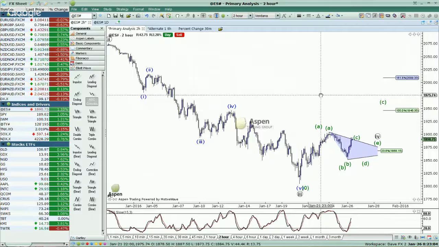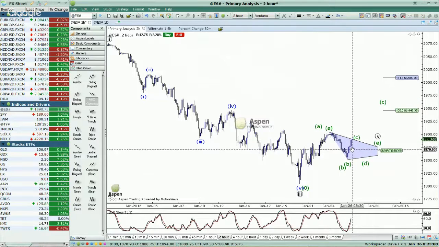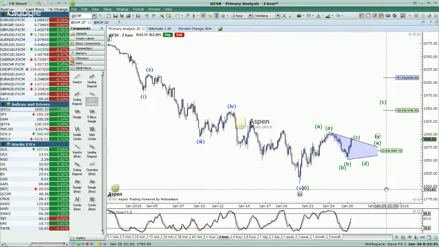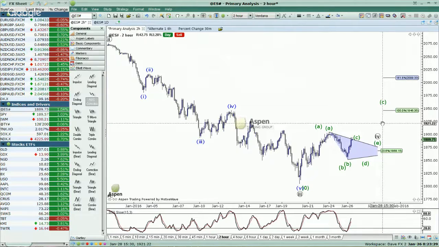The important point I'm trying to make here is that corrections are really difficult to always figure out because they can unfold in a variety of ways. So what I think is important is if you are getting short Kiwi and or Aussie dollar in here, expecting another break lower in the market and hence a break lower in those pairs, just know that the possibility exists that prices could rally a little bit more.